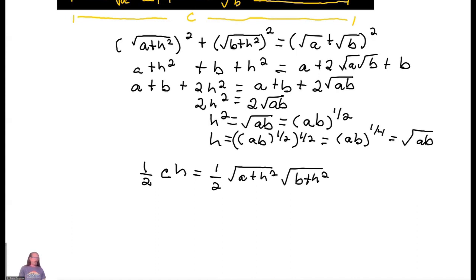Multiply both sides by 2 to get rid of the 1/2s there. CH on the left. On the right, let's put those square roots that are being multiplied together.